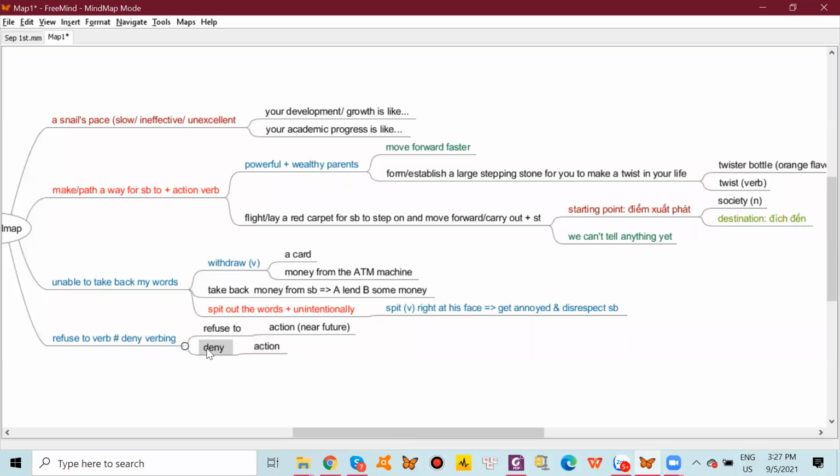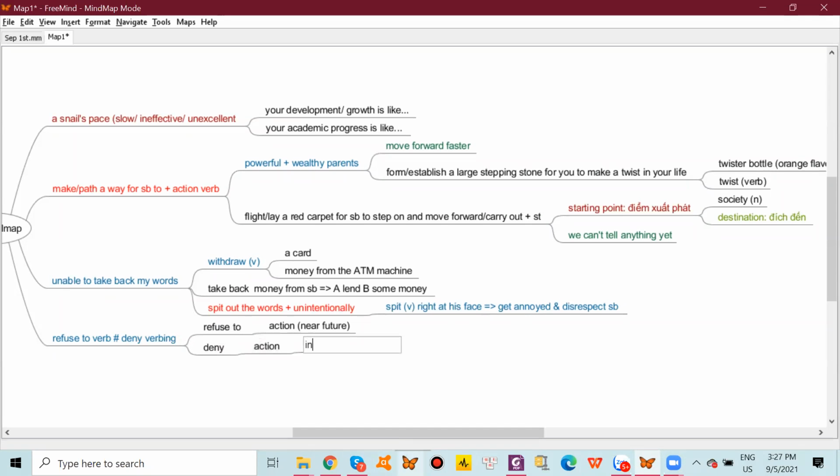So it's like this: deny, refuse to, and we have a very interesting state of ourselves, a kind of state like this: to be in denial. Sometimes we are in denial of ourselves.